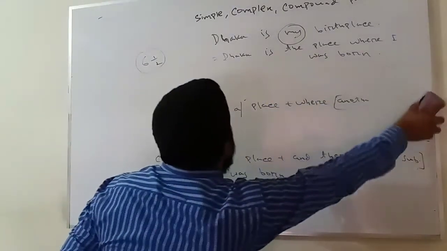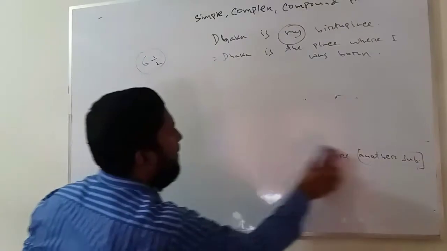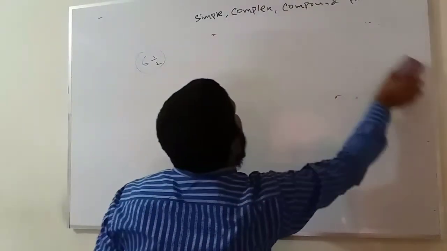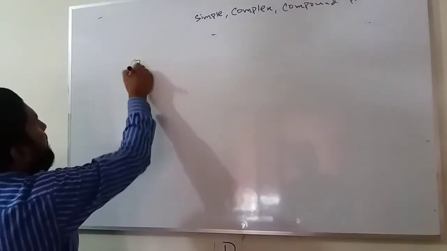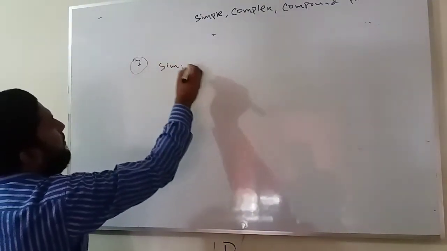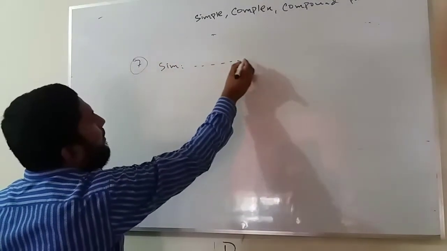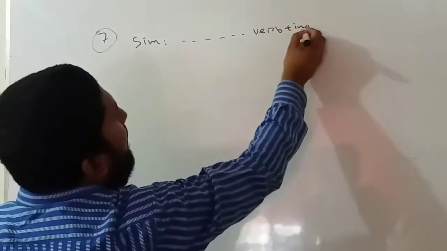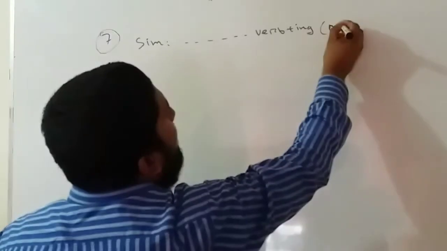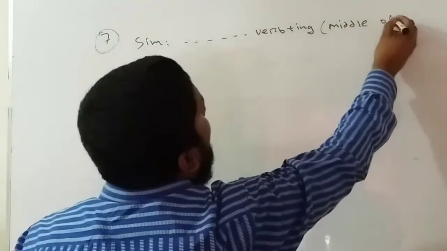Now look at rule number 7. Number 7, in simple, verb plus ing in the middle of the sentence.